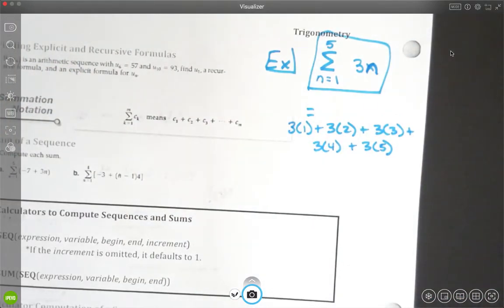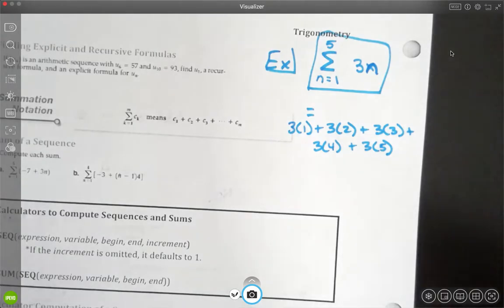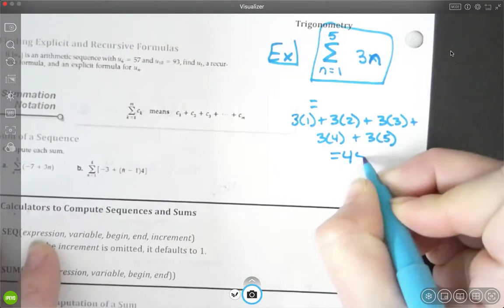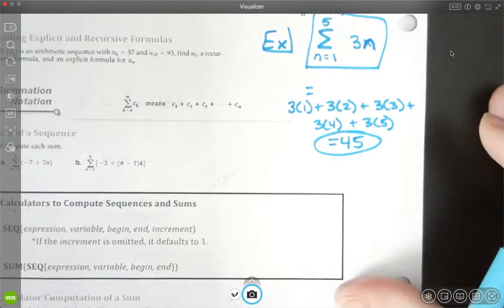Okay, that's a lot of stuff. So 3 plus 6 plus 9 plus 12 plus 15, something like that, right? I don't know what that is. Somebody have it? 45.